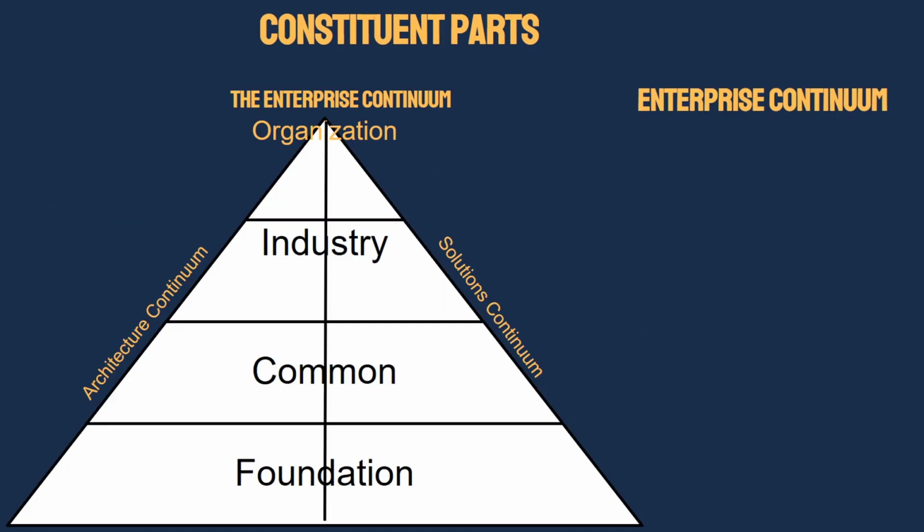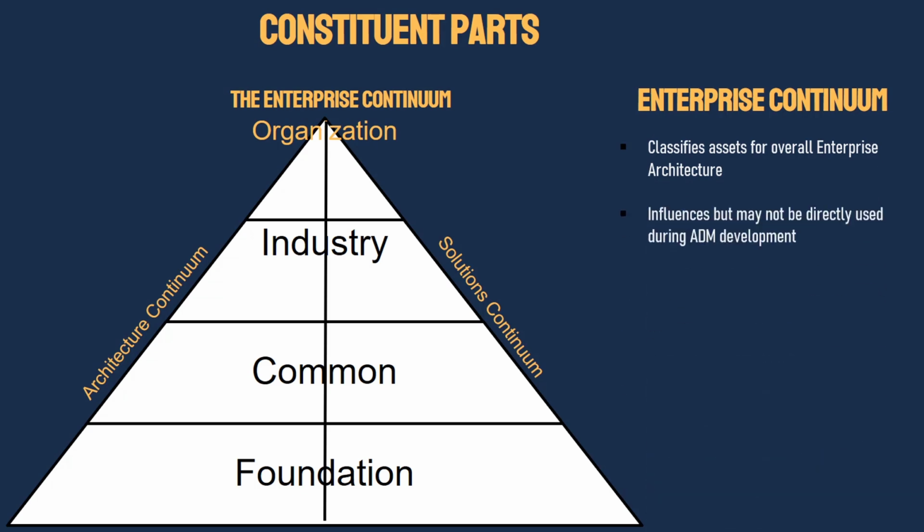The enterprise continuum has many parts. The first classifies assets for the overall enterprise architecture. It influences but might not be directly used during the ADM development phases. These types of documents include standards, policies, initiative structures, and capabilities.